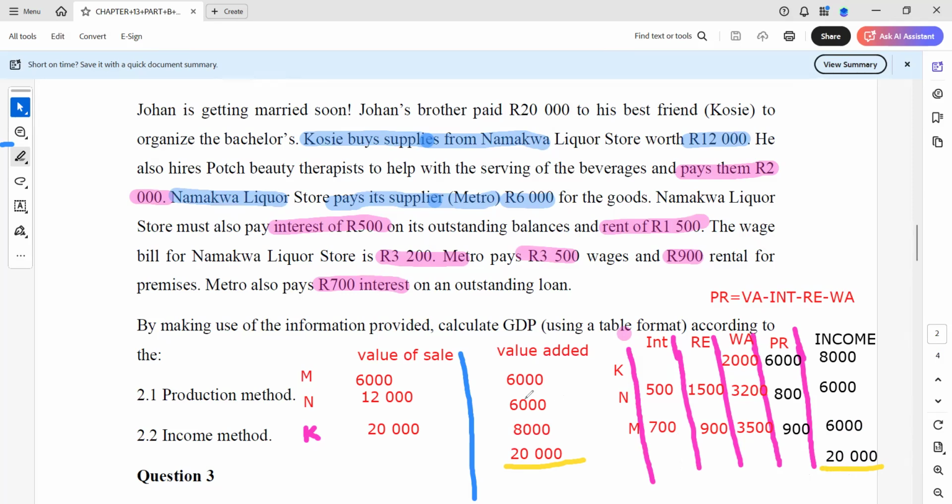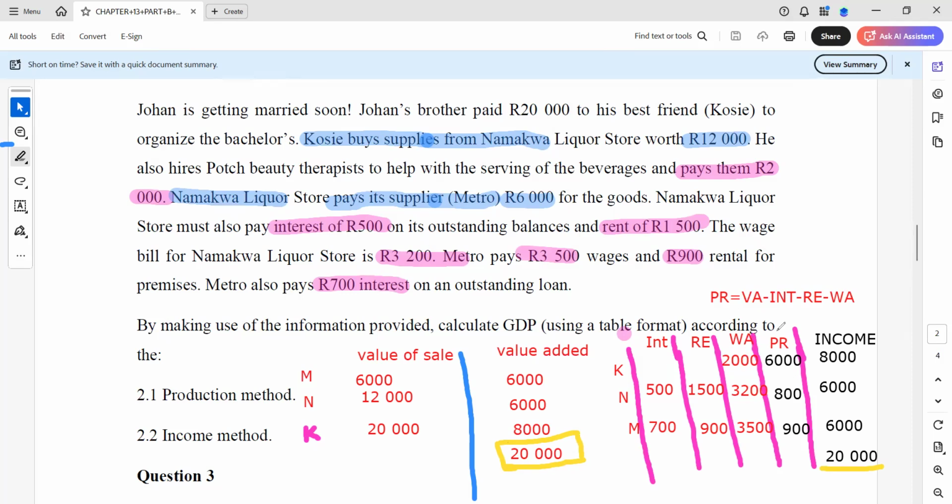Basically, what we did here, we firstly calculated using the production method, right? And we got the value which was added at each stage of production. Then our GDP using the production method was 20,000, right? Then we also had to calculate using the income method. And the only incomes that we have are the remunerations for the factors of production, which are interest, rent, and wages.